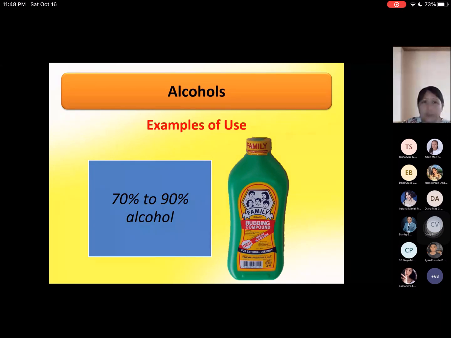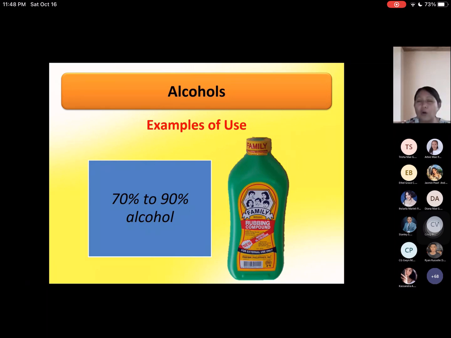So the isopropyl alcohol is more effective, less volatile, and it can easily be obtained from the market.